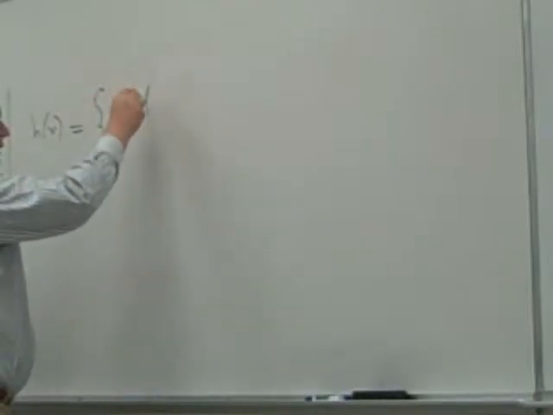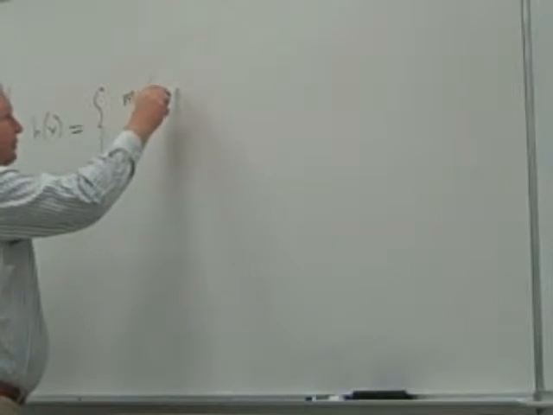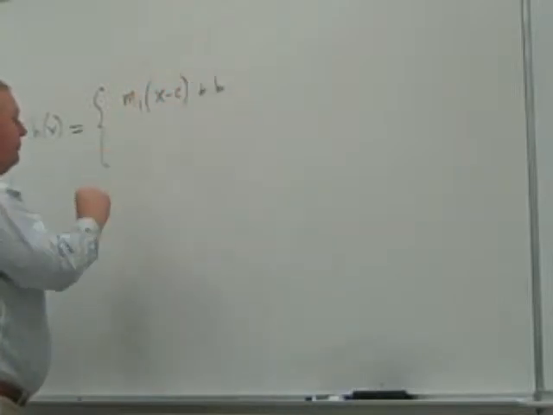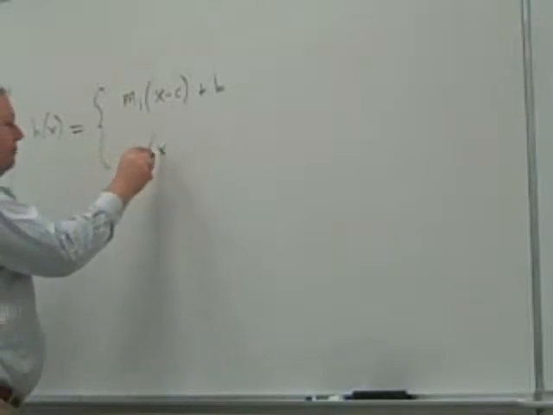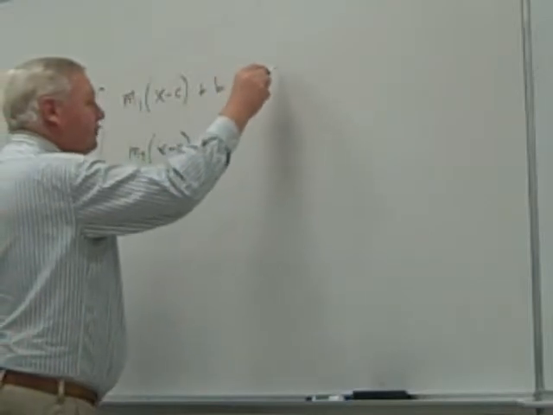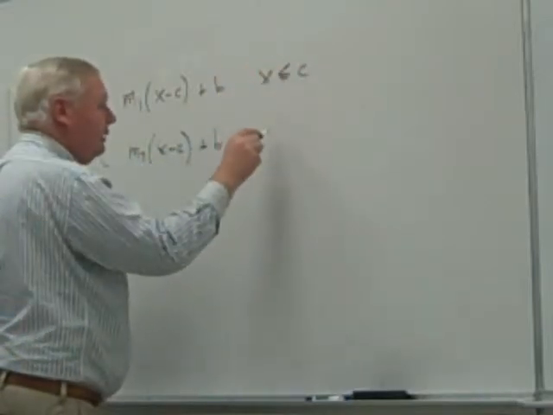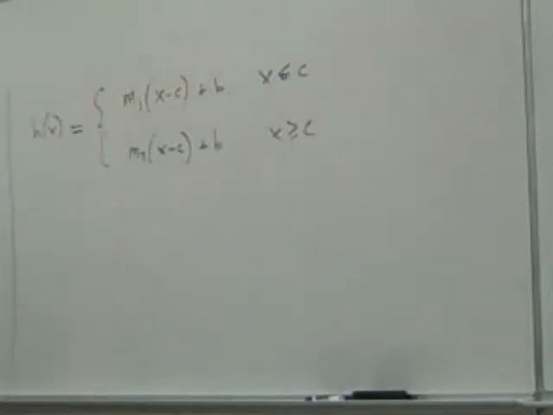And I'll write it this way so that it's easy to match it up at the point c. m1 times x minus c plus b, and then m2 times x minus c plus b, when x is less than or equal to c and when x is greater than or equal to c respectively. So they match up with a common value of b at the changeover point. But we have two different slopes, m1 and m2.